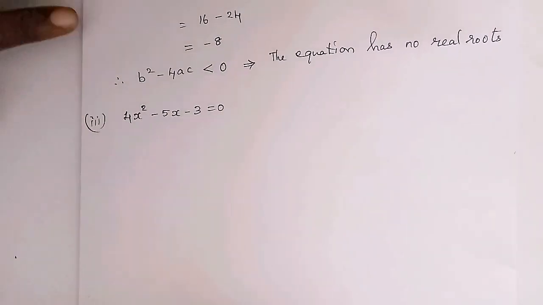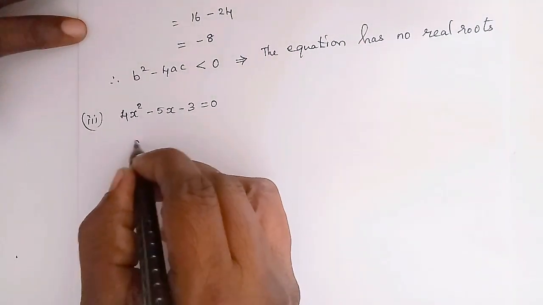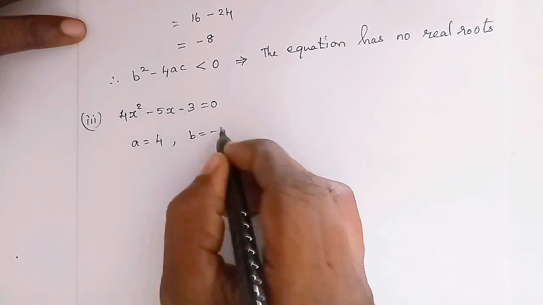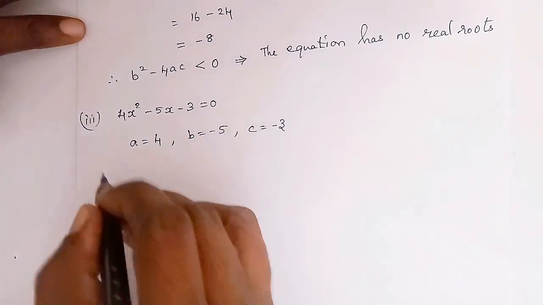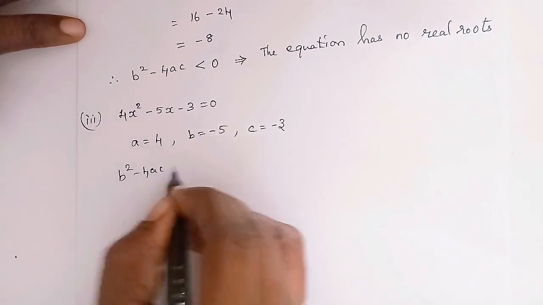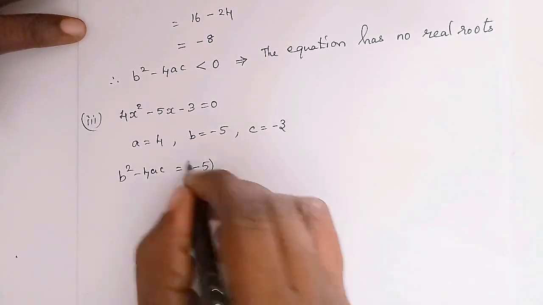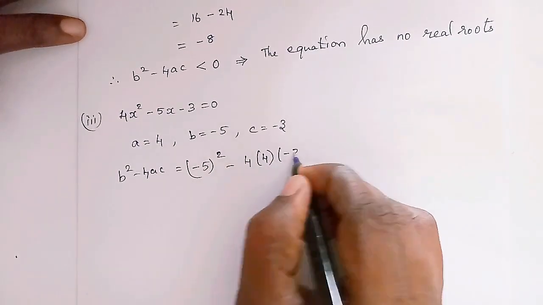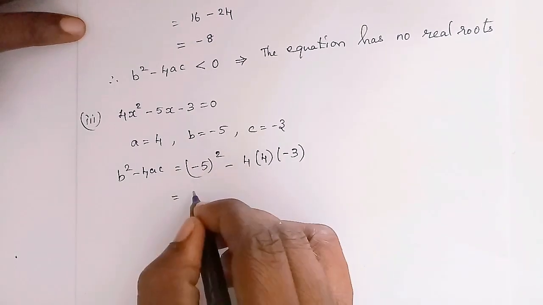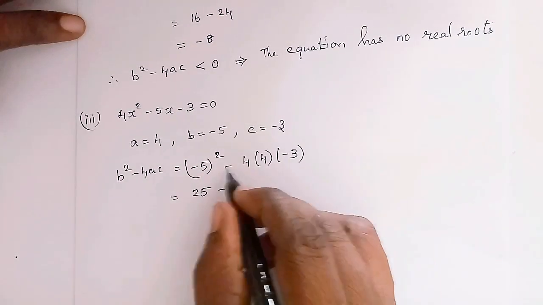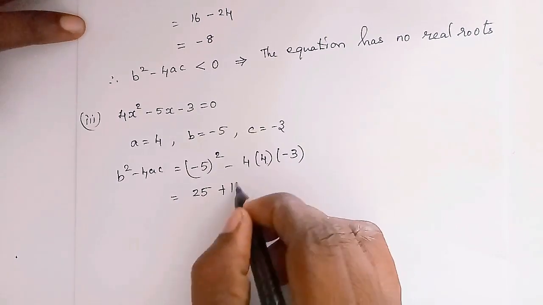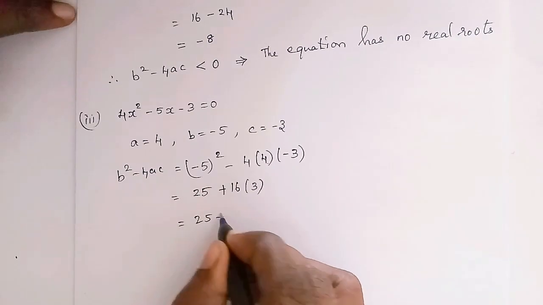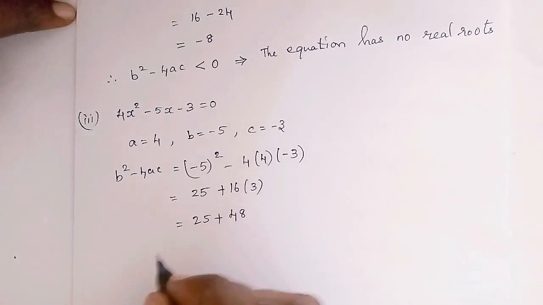We will see the next. 4x square minus 5x minus 3 equal to 0. By comparing it with the general equation, a equal to 4, b equal to minus 5, c equal to minus 3. Now b square minus 4ac value, that is minus 5 whole square minus 4 into a value 4, c value is minus 3. That is equal to plus 25, minus into minus will be plus, 4 4s are 16 into 3, that is 25 plus 48, 16 3s are 48.